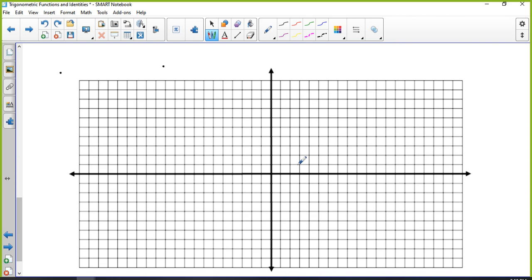All right, so here's what I'm going to do. This will be 2, 4, 6, 8, 10, and -2, -4, -6, -8, and -10. So on my y-axis, I'm going by ones.